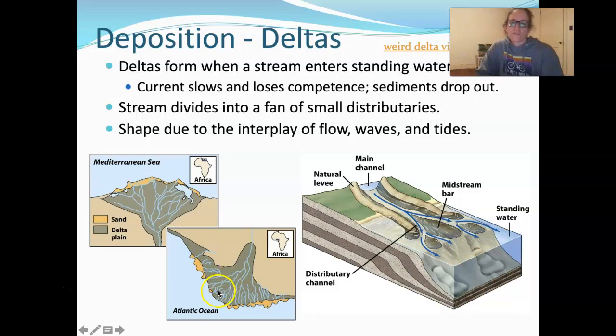And what's going to happen is the trunk stream is going to split into distributaries. So these little distributaries are going to bring sediment branching away from the trunk stream. So the channel may have a natural levee, and there'll be these lobes of sediment that come off of it and maybe build out into the water.